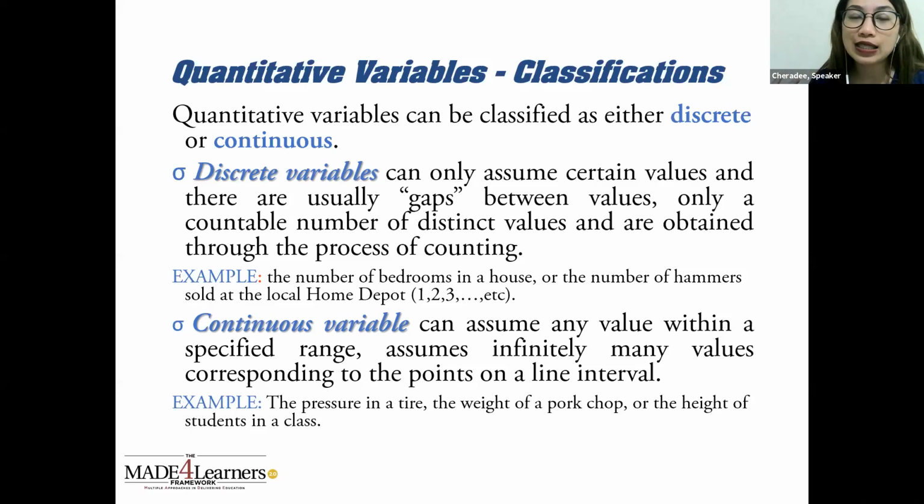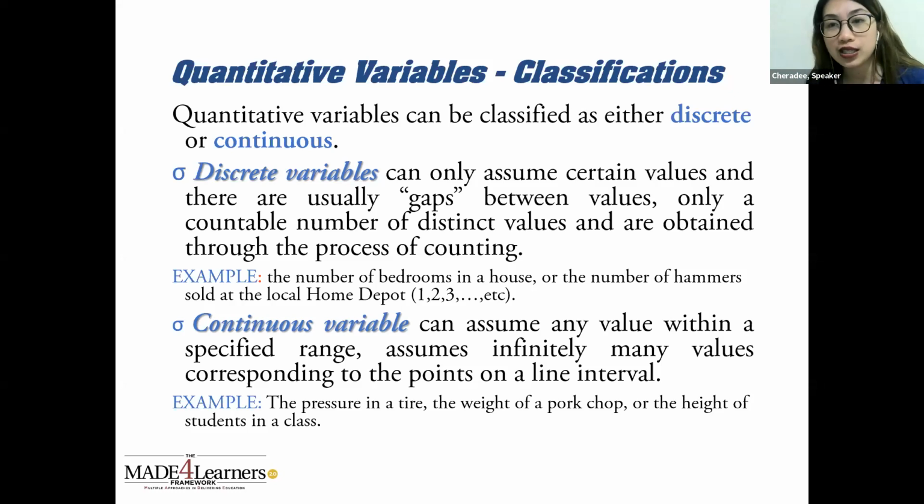So what they usually give in their research is they will buy 10.9 ball pens. You can't buy 10.9 ball pens, so you always have to round it up to 11. Okay, so that is very, very important, that you have to determine if you're going to use discrete or continuous.